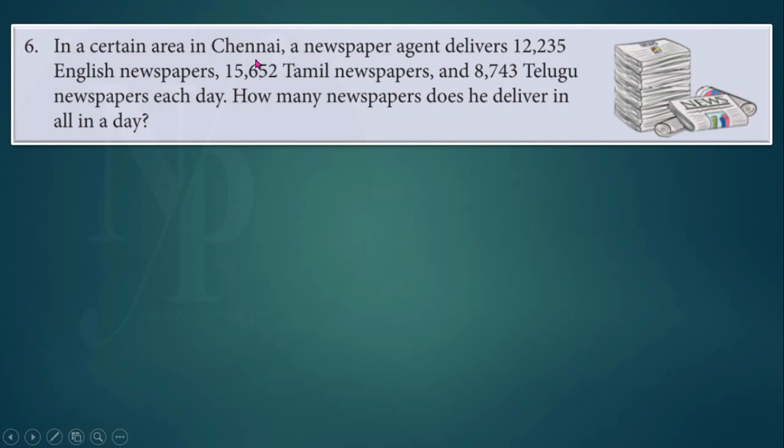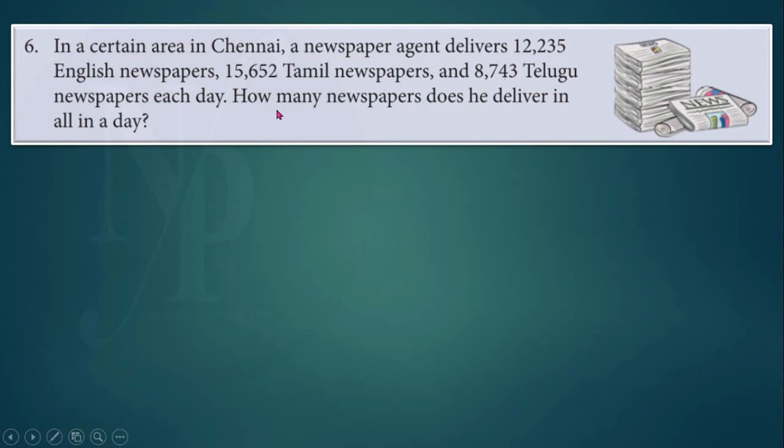So, Chennai is the capital city of Tamil Nadu. There a newspaper agent delivers newspapers of 3 languages, that is English, Tamil and Telugu. The number of newspapers delivered for different languages are given here.